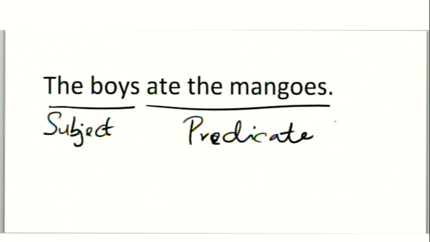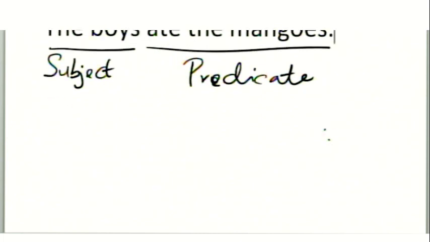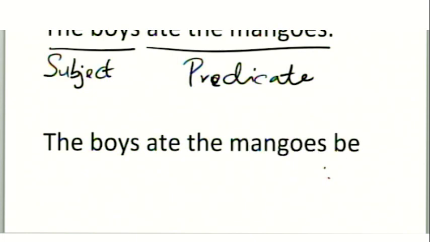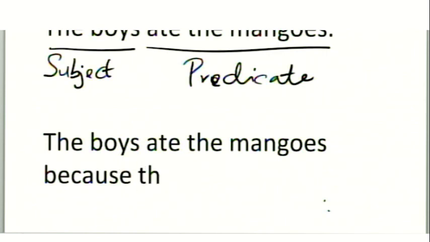Good. We also said that a clause can be on its own, as we have in the above example, or it can form part of a sentence. So let us look at this example. The boys ate the mangoes because they were hungry.